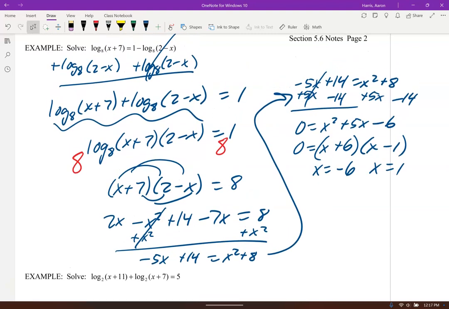And I would again put those into the original. Let's check -6. So log base 8 of (-6 + 7) plus log base 8 of (2 - (-6)). So notice this is log base 8 of 1, and this is log base 8 of 8. So this will work out.